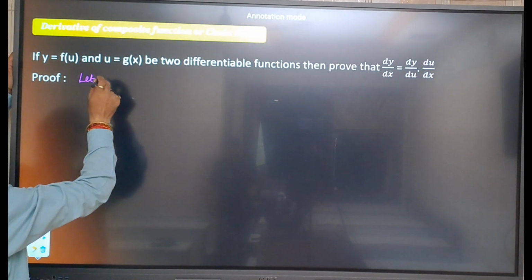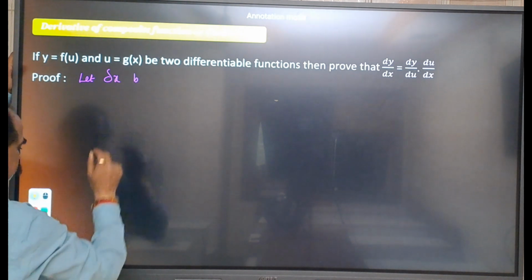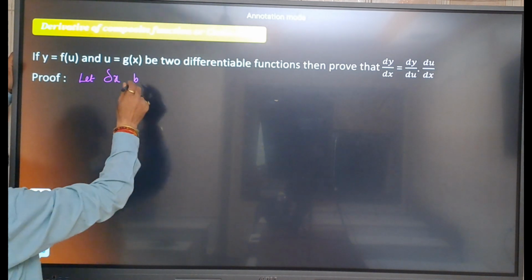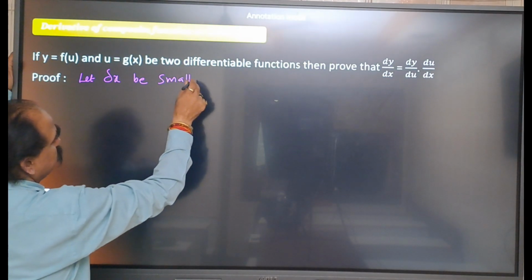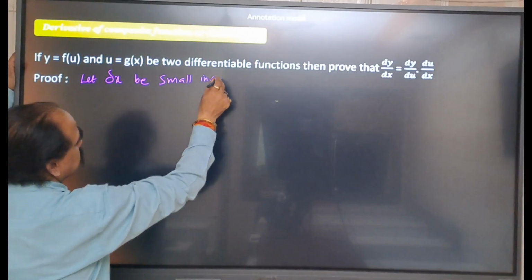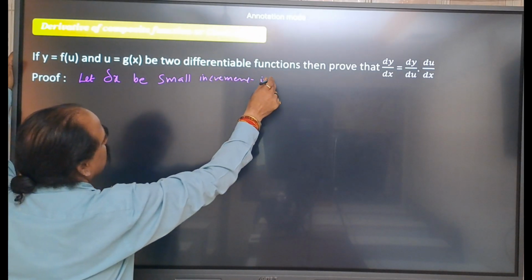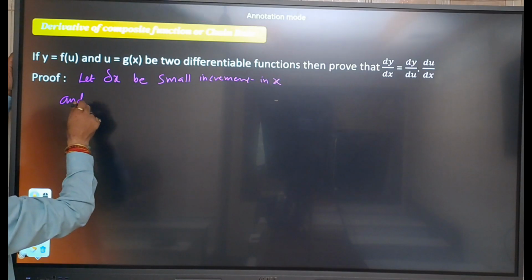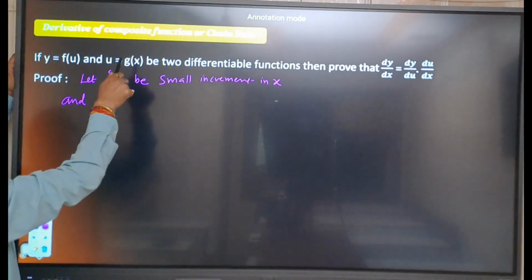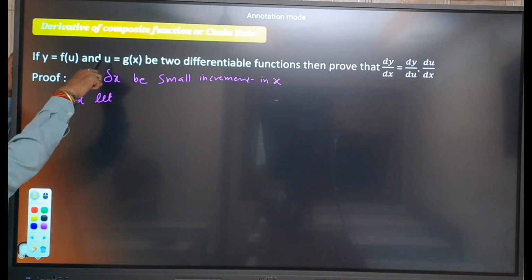Let delta x be a small increment in x, and let corresponding, if there is increment delta x in x, there will be increment delta u in u because u depends upon x.